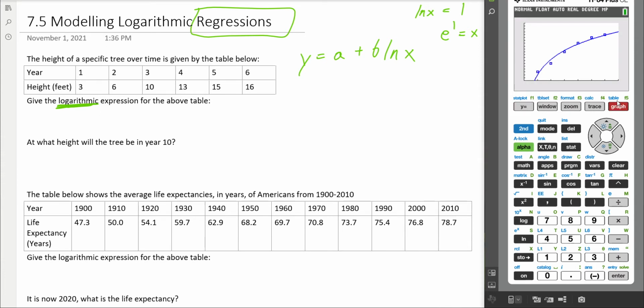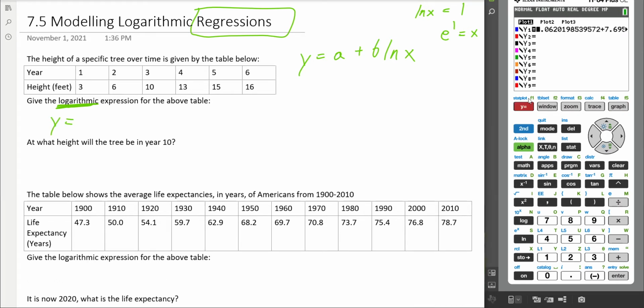We have ourselves a nice graph. If we look back at this to find our logarithmic expression, we just write y equals 2.06, we'll leave it there, plus 7.69, let's go with 7.70, and then ln x. Okay, so I know I'm rounding, but that's what we're doing.